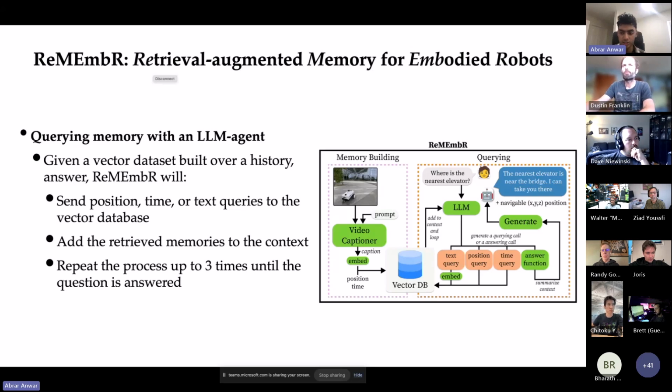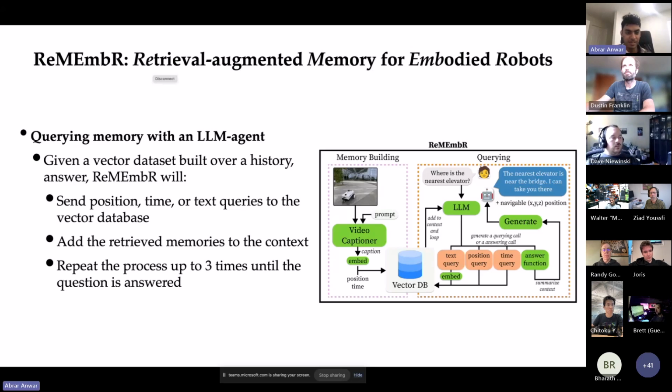Or some questions might require multiple steps of reasoning. If you remember at the beginning of the talk, I mentioned that someone might ask, how long were you in the building for? To answer a question like that, you have to search for when you first entered the building and when you left the building, right? So you have to reason about those 2 specific instances and do multiple queries to try to answer questions like that.